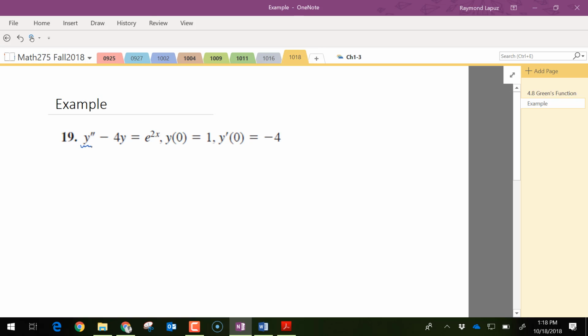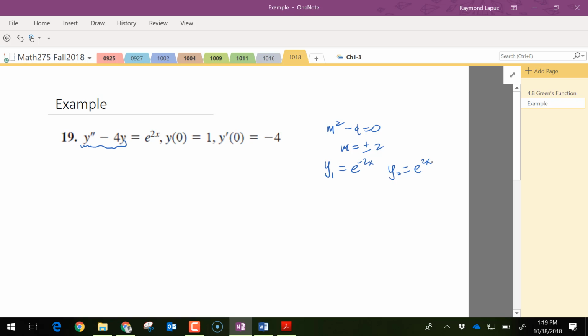So to find our fundamental solution, y1 and y2, we first need to consider the homogeneous differential equation and then solve for this. So we get m squared minus 4 is equal to 0, m is equal to plus and minus 2. So our solutions, y1 is going to be e to the negative 2x, and y2 is going to be e to the positive 2x.